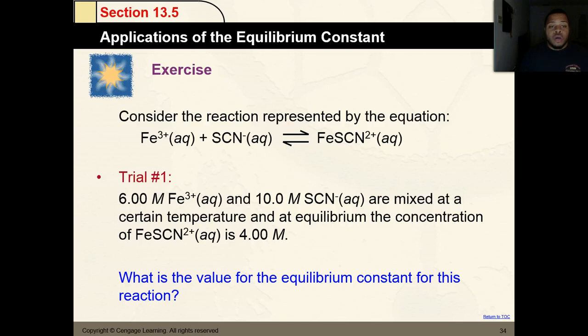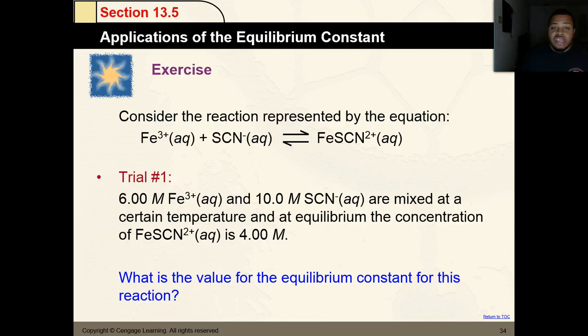In trial 1, we have a 6 molar iron 3 solution and a 10 molar thiocyanate solution, and they're mixed. At equilibrium, the concentration of our iron thiocyanate is 4 molar. What's the value of the equilibrium constant for this reaction?